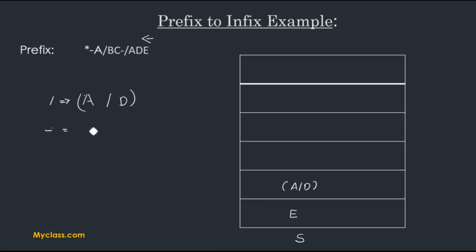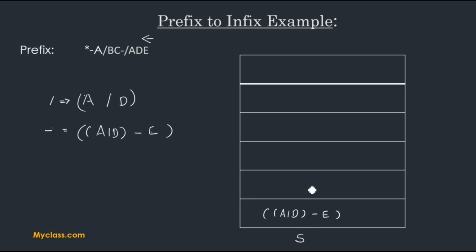So we are popping A divided by D and E. All elements we have popped, so the stack contains nothing. Then we are making a string like this, subtraction, this is our operator. Then we are pushing this whole string into our stack. Okay, so only one element is in the stack now.